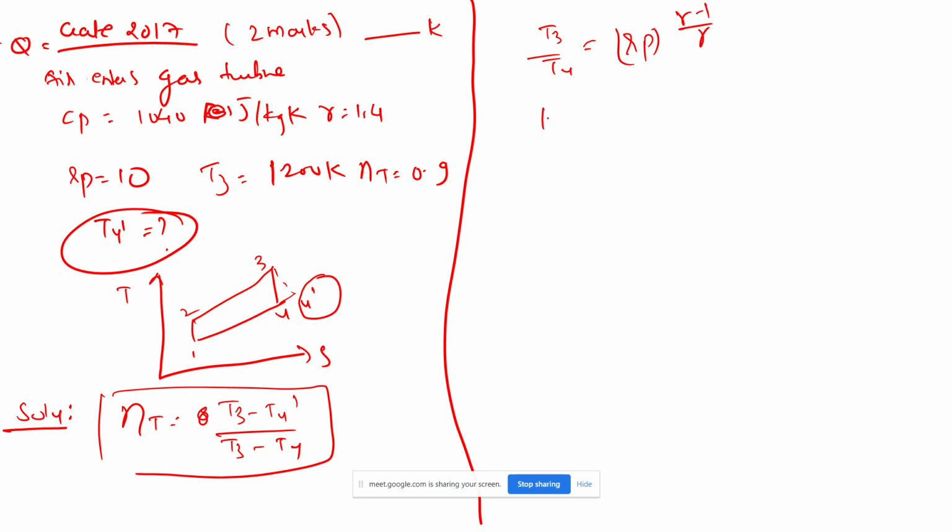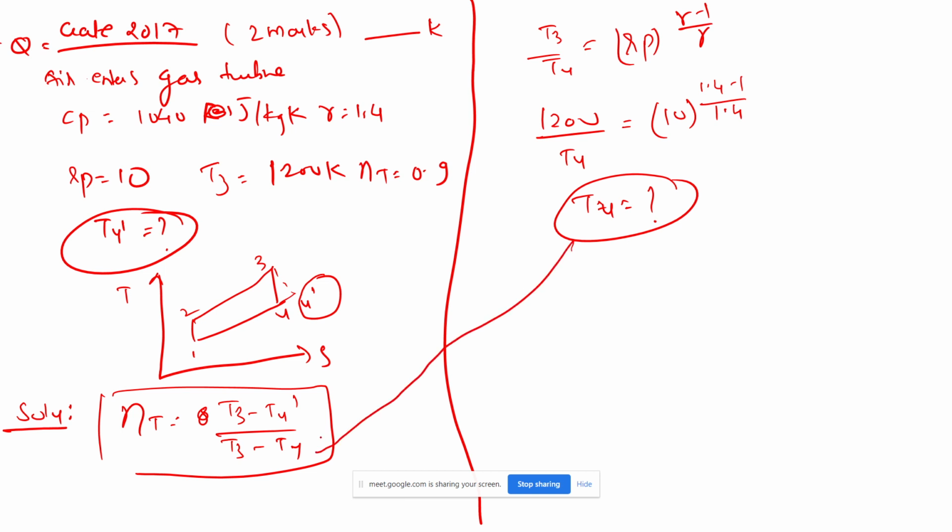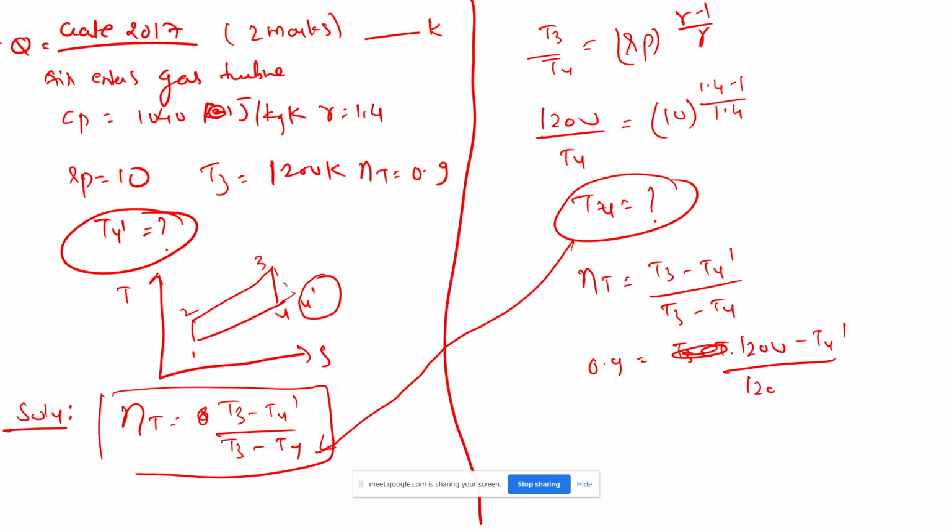T3 is 1200, and T4 we can calculate: 10 to the power 1.4 minus 1 upon 1.4. So from here we can calculate T4, and then put this value of T4 here. So eta T is equal to T3 minus T4 dash upon T3 minus T4. So 0.9 equals 1200 minus T4 dash upon 1200 minus T4.